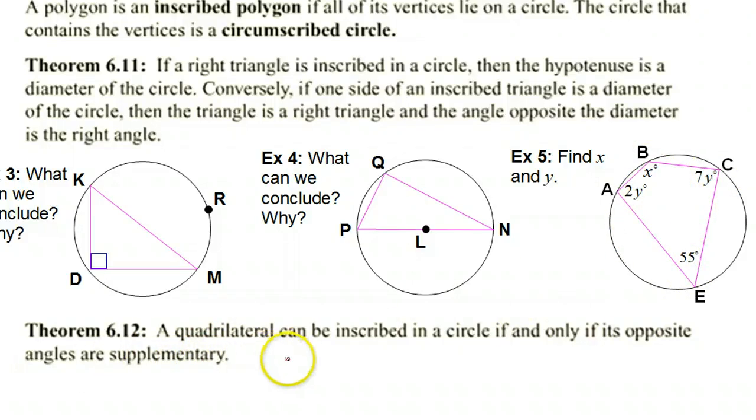Supplementary means adding up to 180 degrees. So in this picture, angle A plus angle C would equal 180 degrees. In other words, using the variables on the inside, 2y plus 7y would equal 180 degrees, and we could solve that equation.